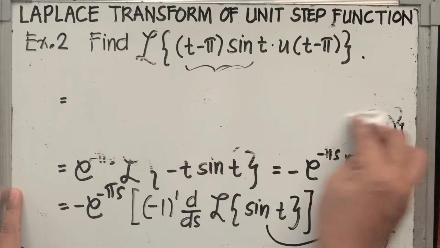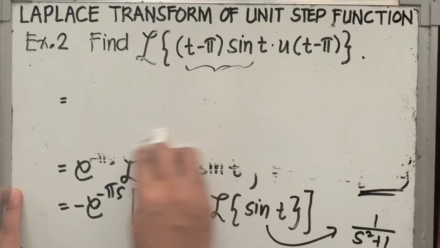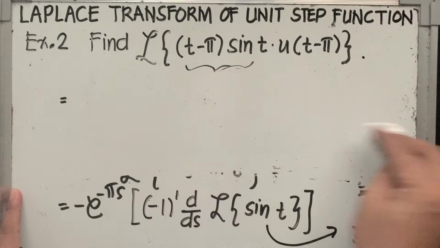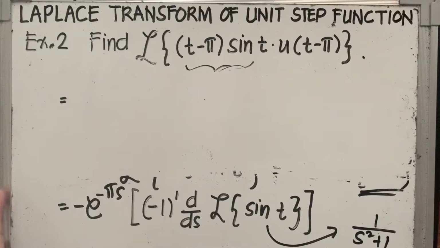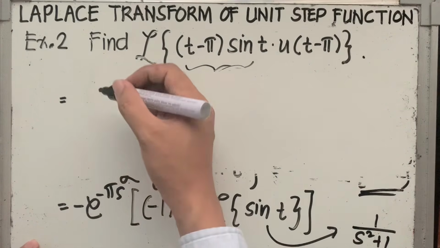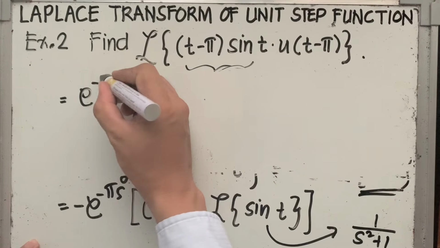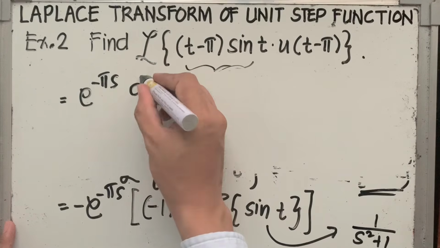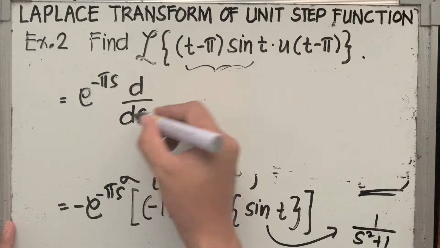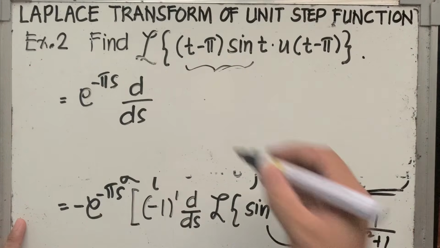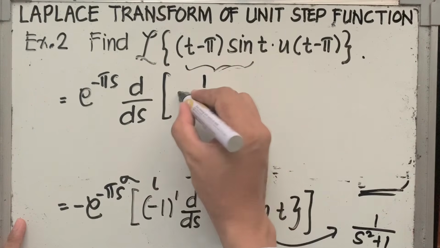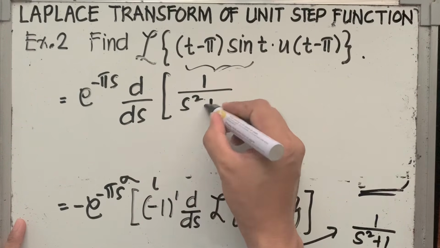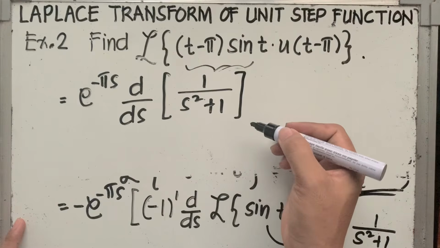So, we will erase first, and then rewrite again the right side of the equation. So, we have positive e raised to negative pi s, and the first derivative of the Laplace of sine t, which is 1 over s squared plus 1.